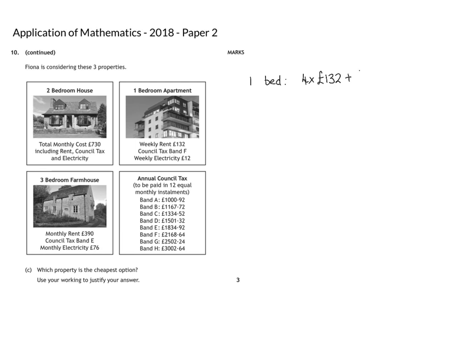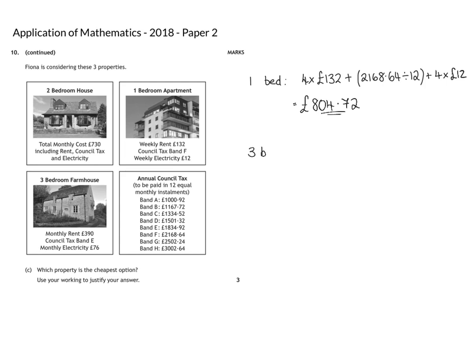So plus, it's band F, £2,168.64 divided by 12. And then we've got our weekly electricity, so again, times it by 4. So 4 lots of that, £12. And that comes to our total of £804.72 for the 1 bedroom.